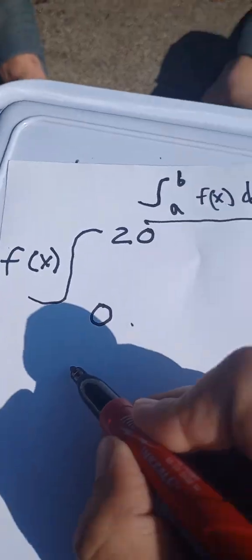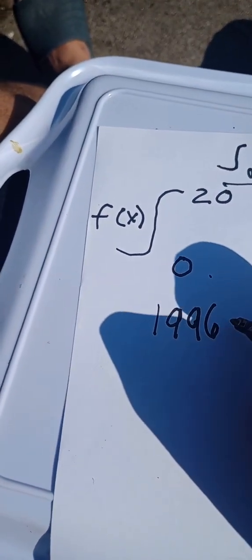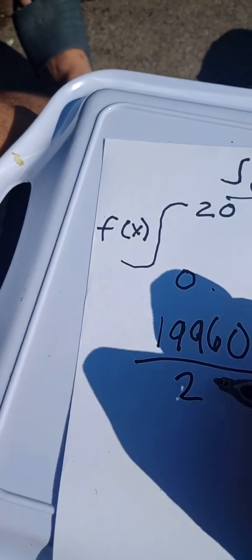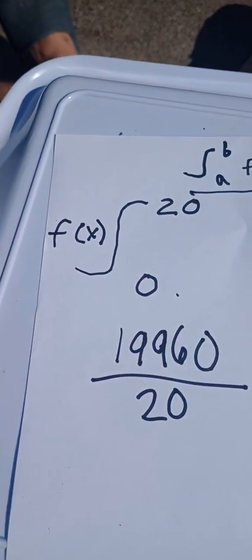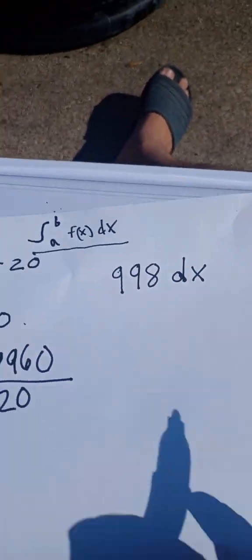So we get 19,960. Sorry about the shadow. You divide by 20, and it verifies 998 hectopascals on my watch.